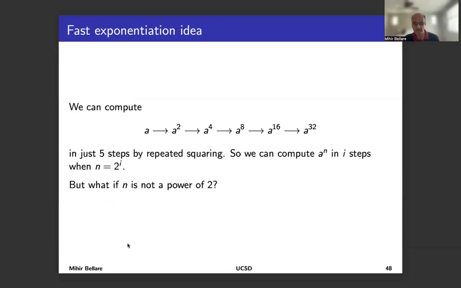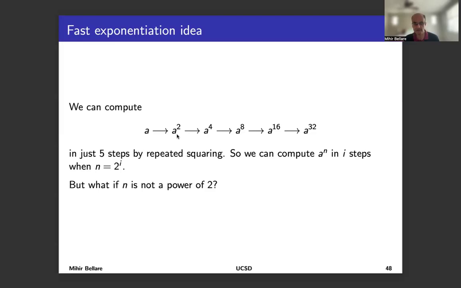So we now ask ourselves, could there be a faster way to do exponentiation? And a little thought says, yeah, there are some tricks. And here's the idea. We notice that if we want to ramp up, we can do that just by squaring. Suppose I have a and I want to get to a squared.